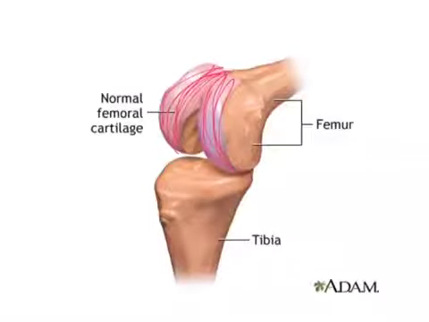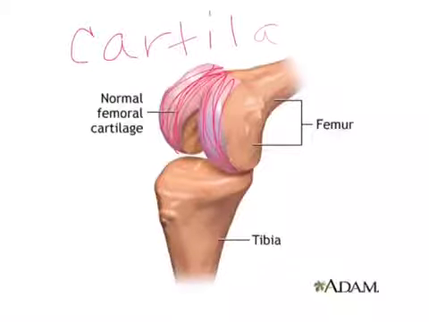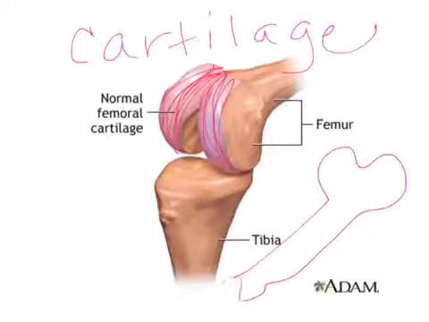So that is the definition of cartilage. And so if you were to just draw a bone like this, then it would be this up here, like a little coating almost, but much thicker than the periosteum on the top of the bone.